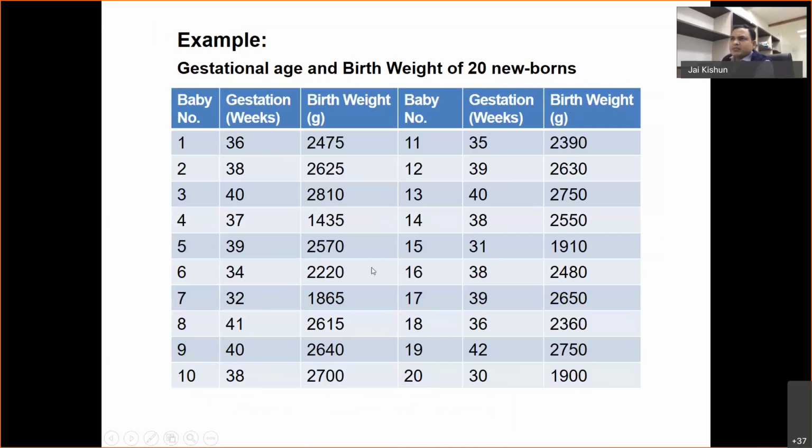Let us take a practical numerical example. Here we have taken the gestational age and birth weight of 20 newborn babies. The gestation period in weeks of 20 mothers and birth weights are recorded.